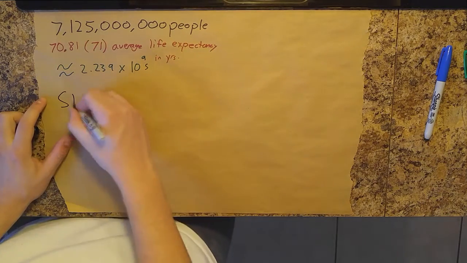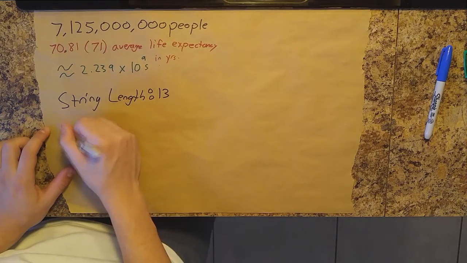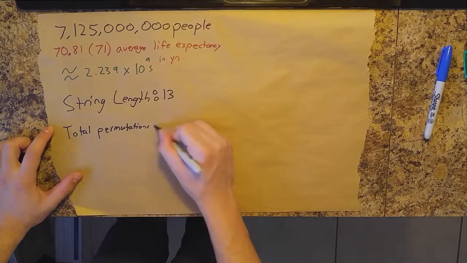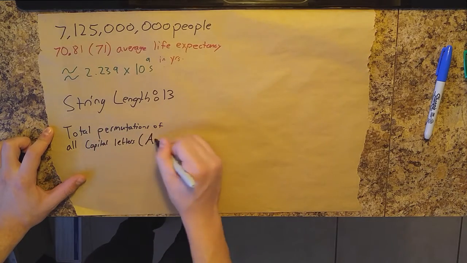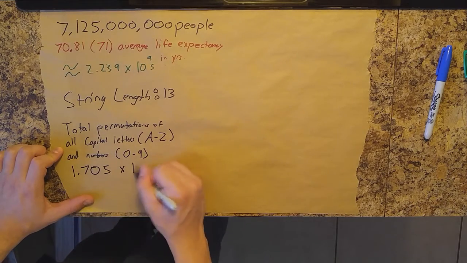With a string length of 13, all permutations of that length string of all capital letters and numbers is 1.705 times 10 to the 20th power.